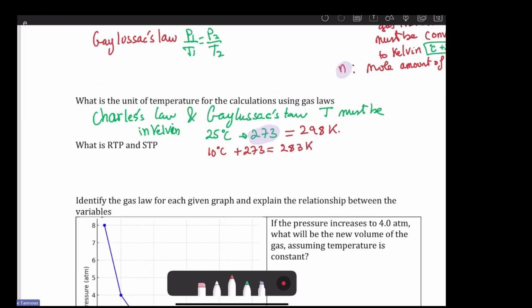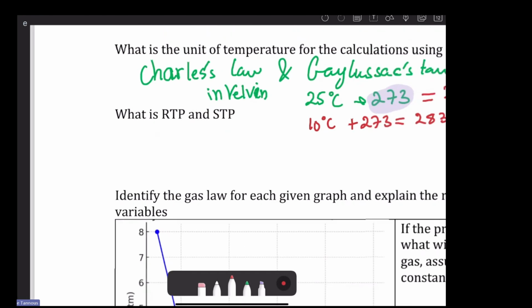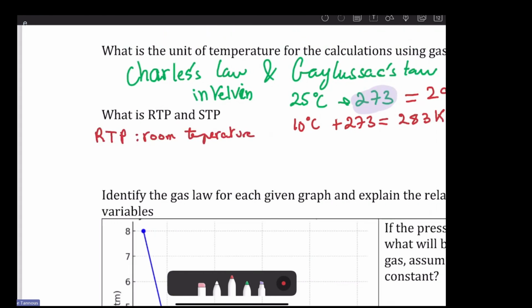etc. What is RTP and STP? RTP is the room temperature and pressure conditions, and STP is the standard temperature and pressure.